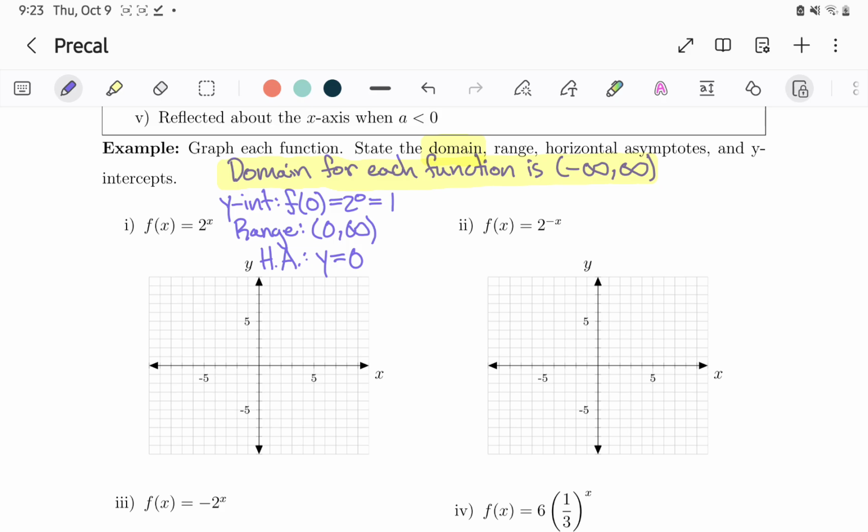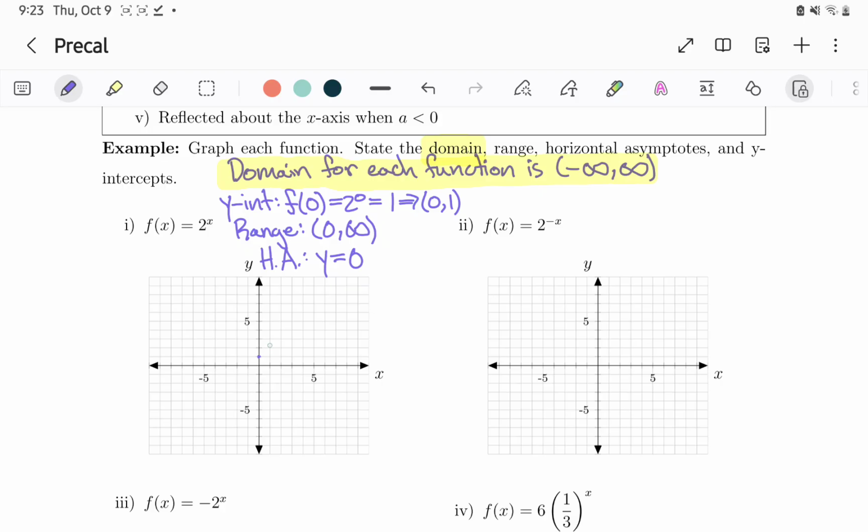All right, and then let's get to graphing. So we can go ahead and plot our y-intercept at 0, 1. Let me go ahead and write this as a point. So there's our y-intercept.